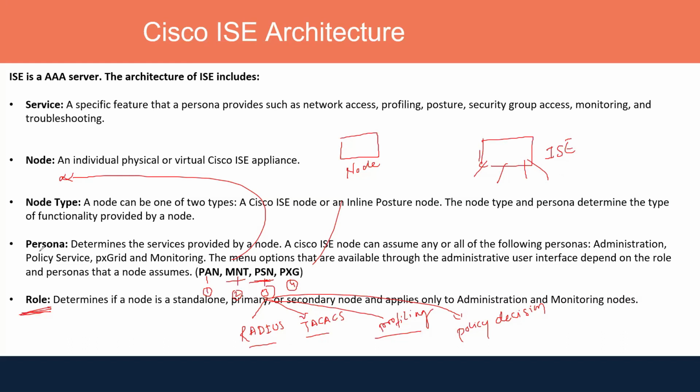What personas basically do is determine the services provided by a node. What services this ISE node is going to provide depends on the personas that have been installed on that particular ISE. You got my point? For example, you have two ISE nodes, ISE 1 and ISE 2.